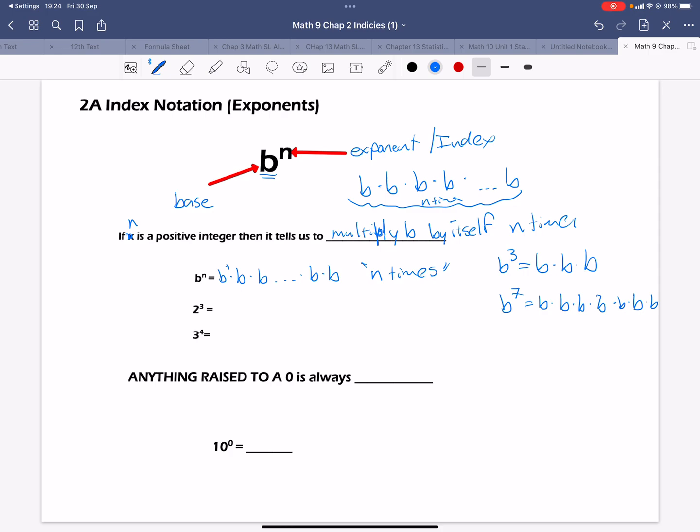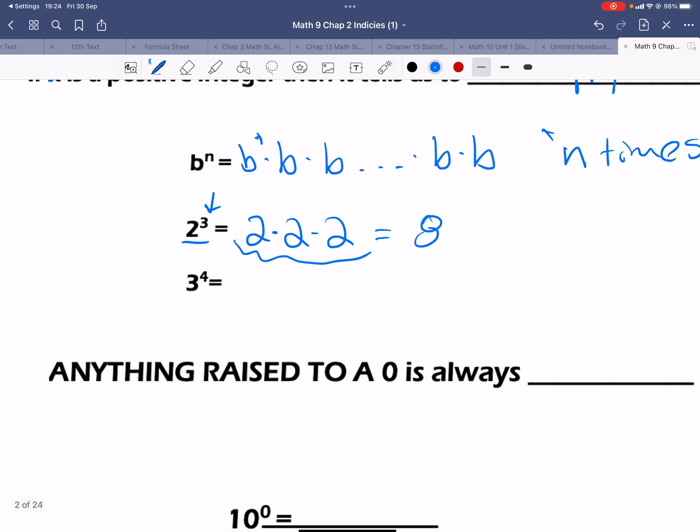Sometimes when I get into really complex problems, all I have to do is rewrite it using the exponents, index notation, and all of a sudden it works out. 2 to the 3rd is 2 times 3 times 3. Just kidding. 2 to the 3rd is 2 times 2 times 2, which comes out to be 8, obviously, but this is how we do it. Multiply 2 by itself 3 times.